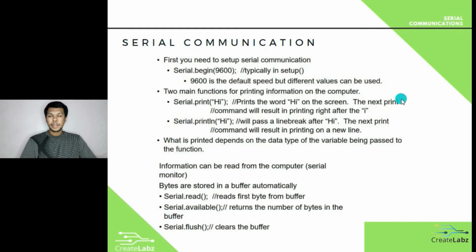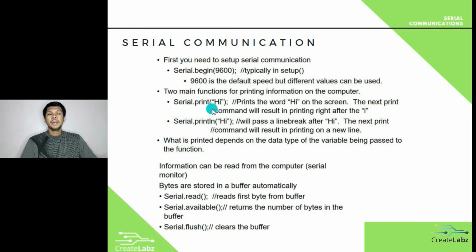Here are the usual functions we use using the serial monitor. Serial.begin, this is to enable or start the serial monitor. The number here is the baud rate or the speed of communications between your laptop and Arduino. So 9600 bits per second. Two main functions used to print out messages are Serial.print and Serial.println.